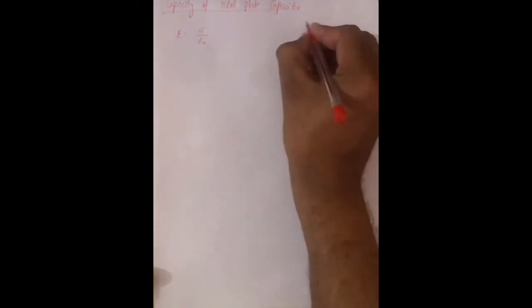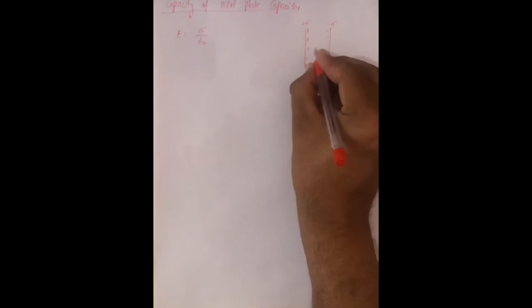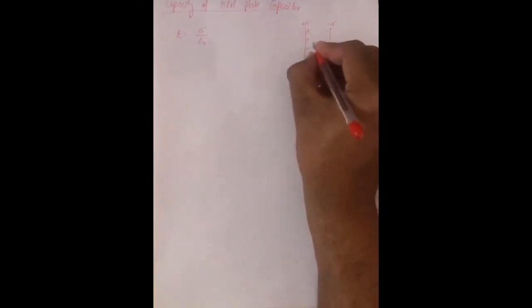So they have equal surface charge densities, plus sigma and minus sigma, due to opposite polarities. So this is the electric field that exists between these two plates. So the electric field between two plates is equal to sigma by epsilon naught. This expression we have done in the last lecture.